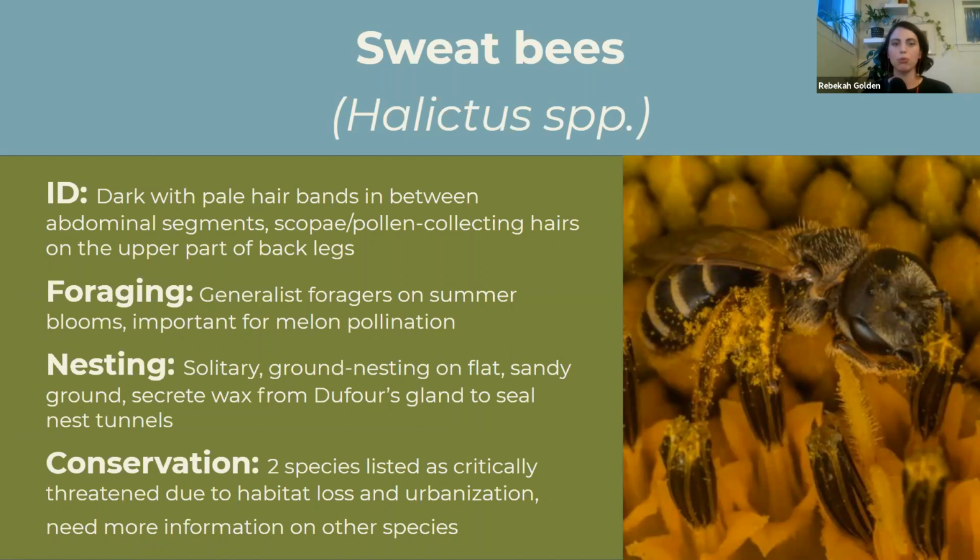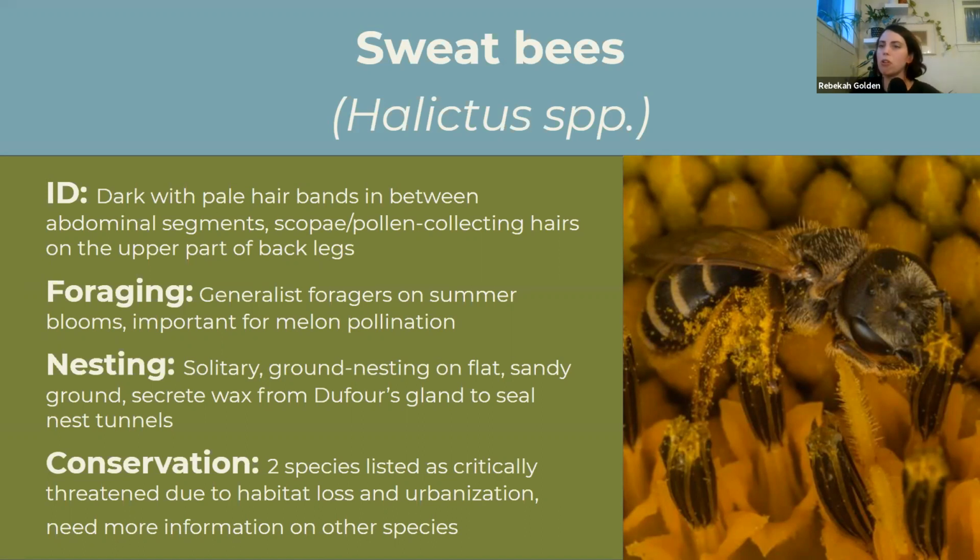They actually secrete a wax or kind of almost a polyester resin out of their Dufour's gland, which is kind of at the back, toward where their stinger is. And that'll seal off nest tunnels and protect it from seepage and from water. And so they don't need quite as much drainage in their nesting sites, and that's why they can nest on those flat areas and take advantage of those spots for nesting.